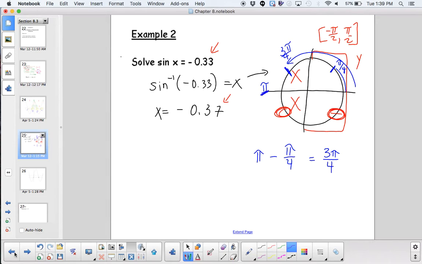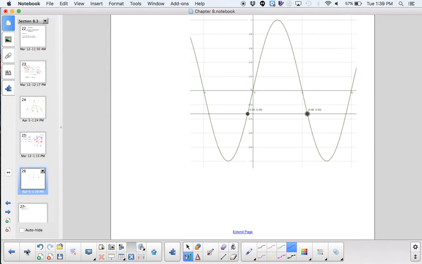And let's look at those on a graph as well. So here's the graph, first of all, of sine x, and then along here's the graph of negative 0.33. You can see that within a period, you would have a couple of solutions. This one here is the first one that we found, which was the negative 0.37.